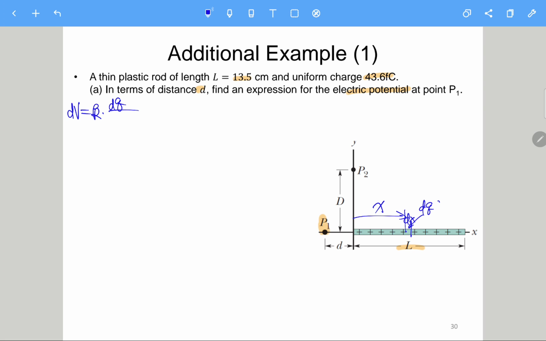So this distance is d plus x. Similarly, assuming the linear charge density is lambda, dq is lambda dx, so that we have k times lambda dx over d plus x.